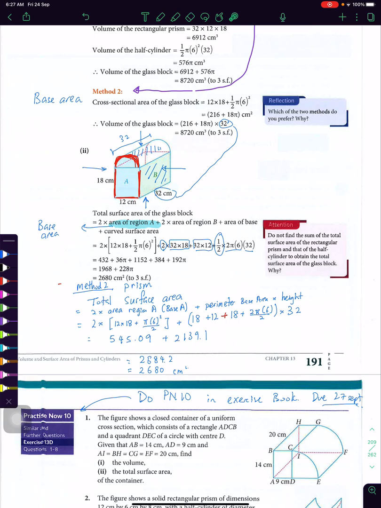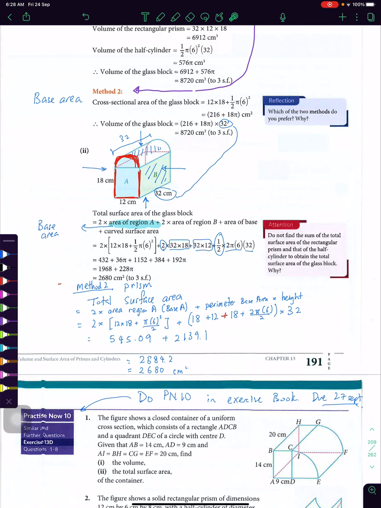And lastly, I will add the curved surface area, which is half the circumference of a circle, and then times 32, the height. So I work out all these numbers, and then I get the final answer.